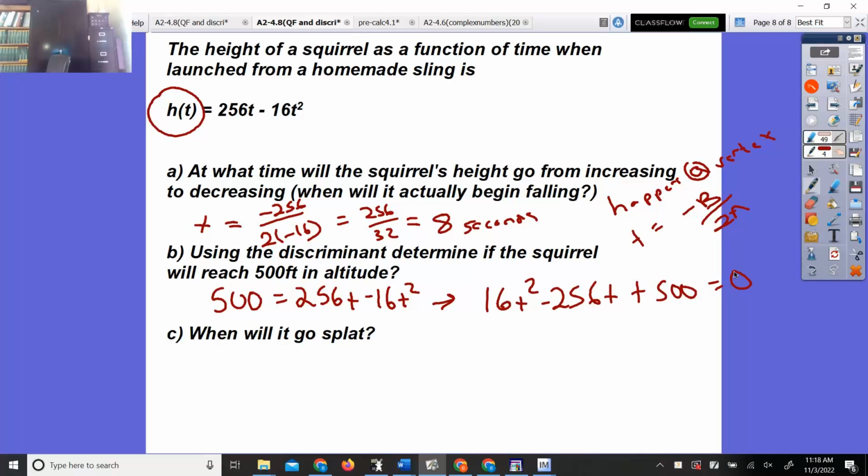Doesn't it talk about no real solutions? That'll tell you if it's going to happen or not. So 256 squared minus 4 times a times c. Figure out the number on your calculator. There ain't too many people in this world who know what 256 squared is off the top of their head.